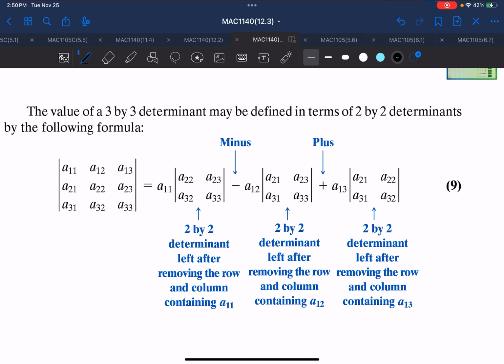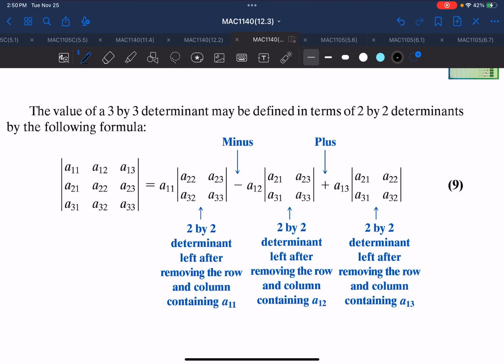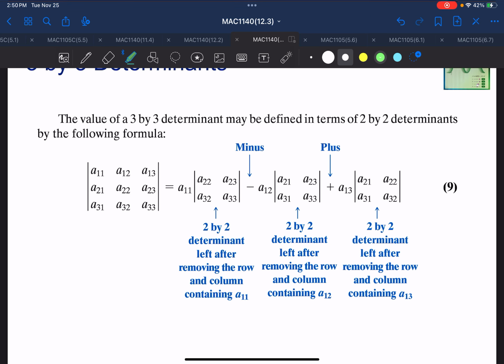When you find the determinant of a 3 by 3 matrix, you always start by picking one row or a column. I could pick this row, or this column, or this row, or this column. Doesn't matter.